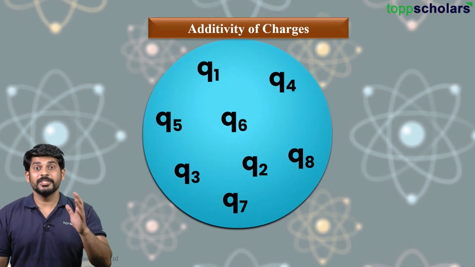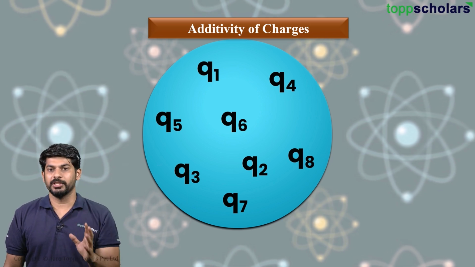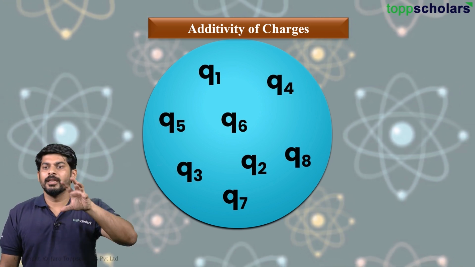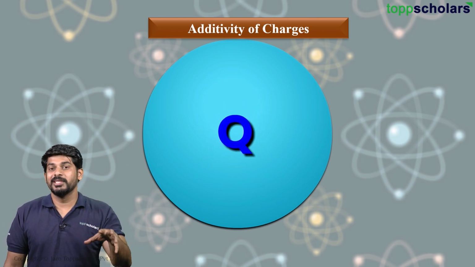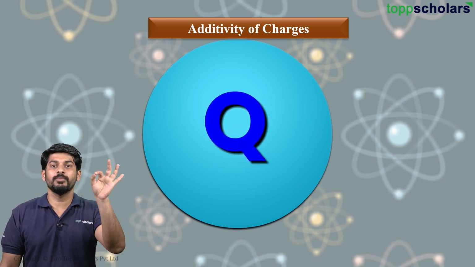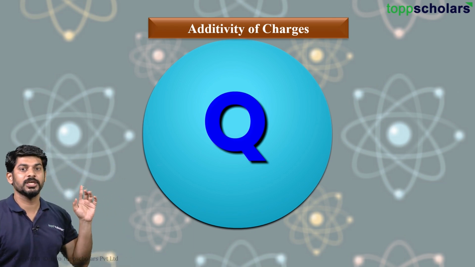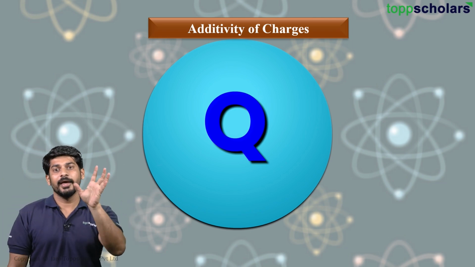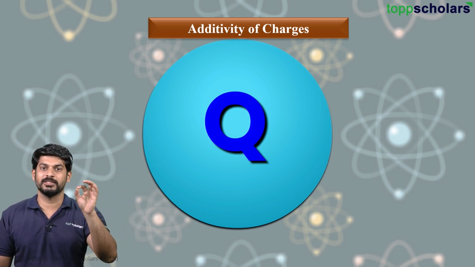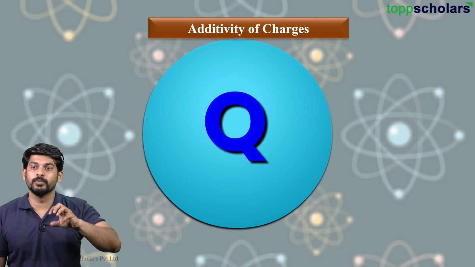Now let's talk about some of the properties of charges. If we have, let's say, n number of charges on a body, then the total charge on the body is nothing but the sum of the individual charges on the given body. Over here we can see there were n small charges distributed over the body.